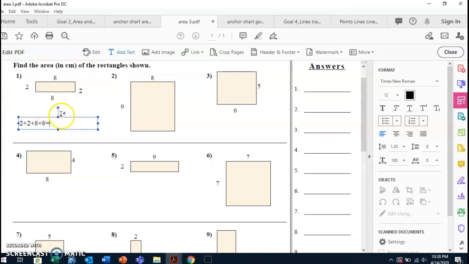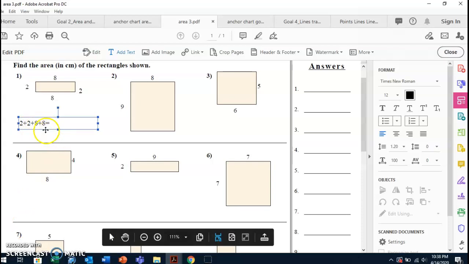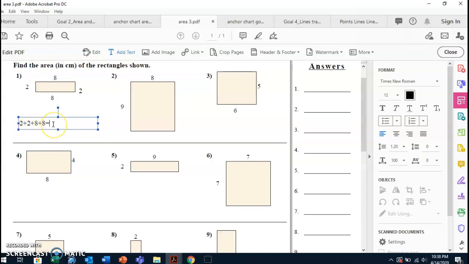You could use your calculator for this, but we already know that 2 plus 2 equals 4. And 8 plus 8 equals 16. So 16 plus 4 equals 20. So your perimeter would be 20 cm.